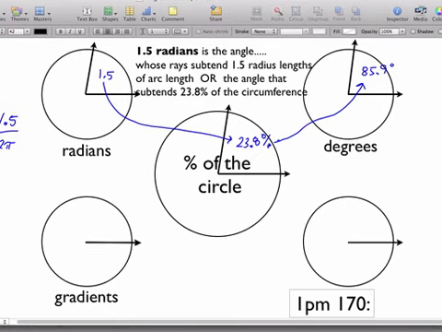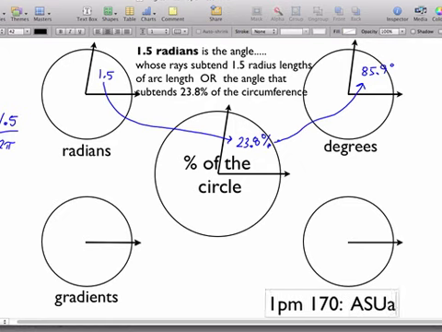We've got radians, degrees, gradients. What do we want to do? What's that? Oh no, gradients already exist. We're making up our own angle.